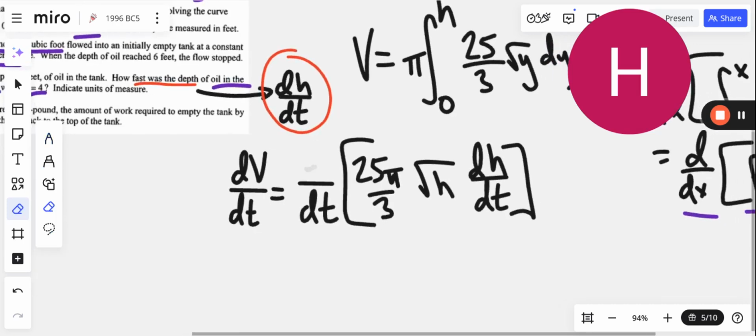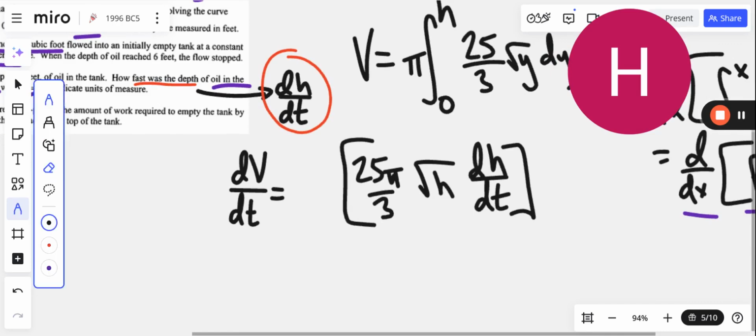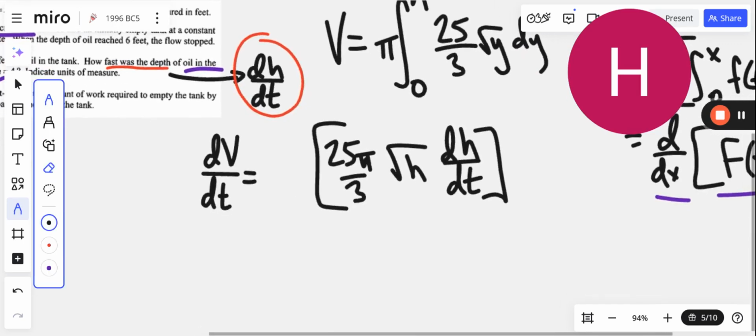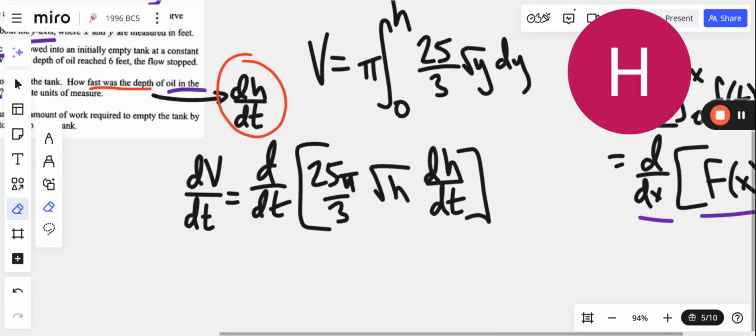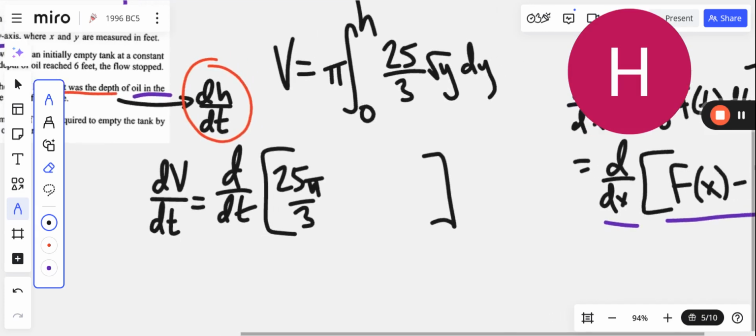Oh, sorry. And we've already taken the derivative there. Okay. Got it? So when we take the derivative, it's kind of like we're doing the derivative of 25 pi over 3. Let me just call it this for no particular reason. I'm going to call it capital Y of h minus capital Y of 0.